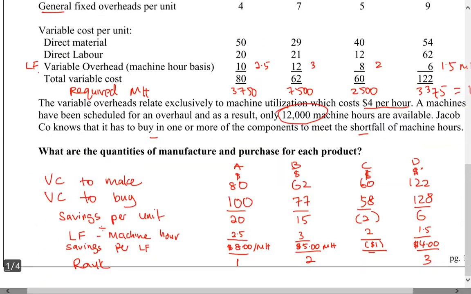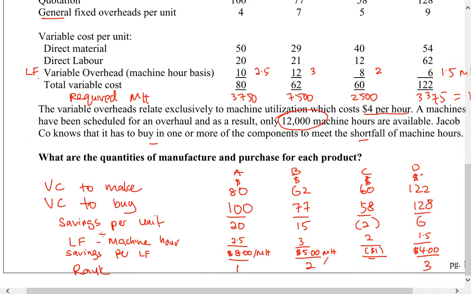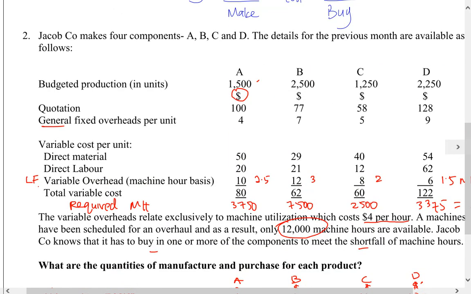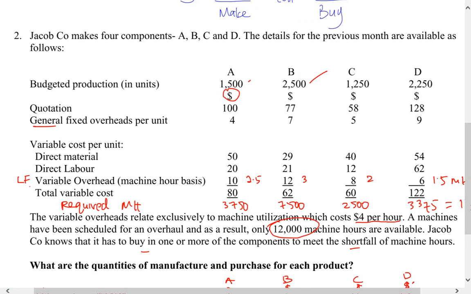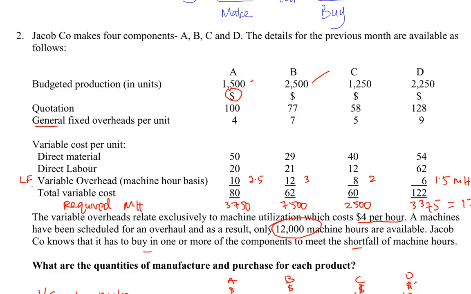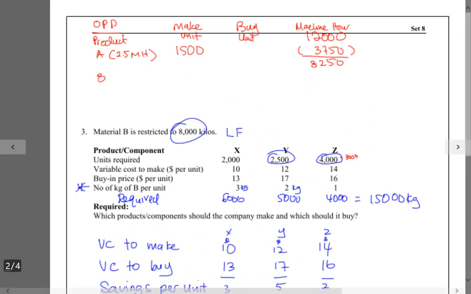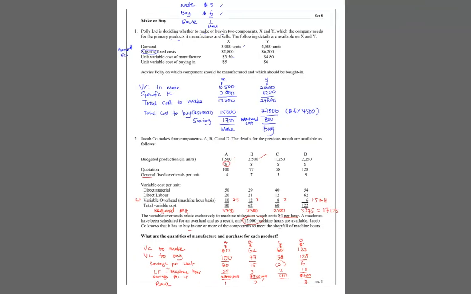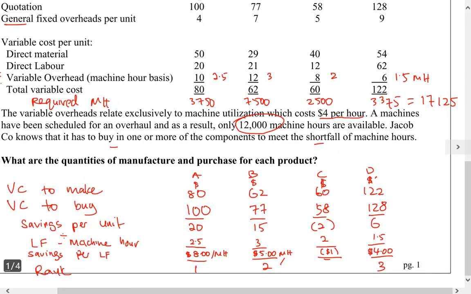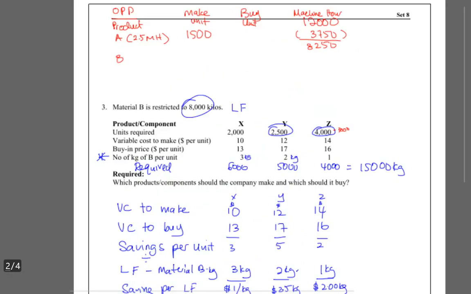So ranking number 2, produce B. B, I want to produce 2,500. Each unit requires 3 machine hours.